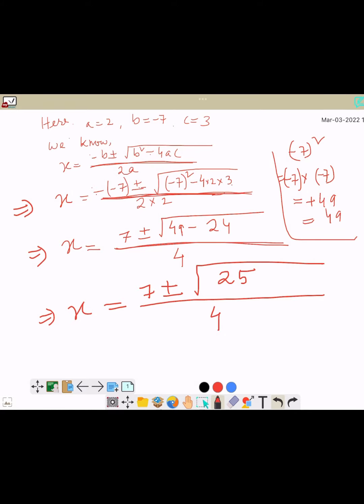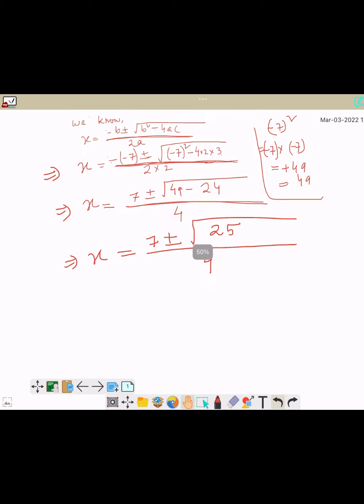We can further simplify this. So 4 will come here, 7 plus minus root over 25. Root over 25, what does it mean? It means the square root of 25.